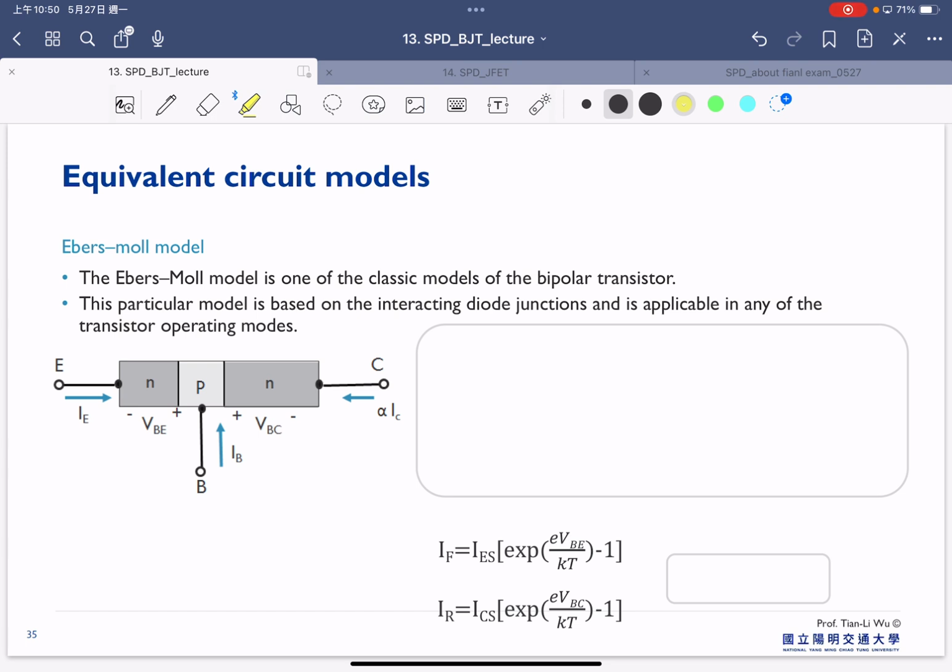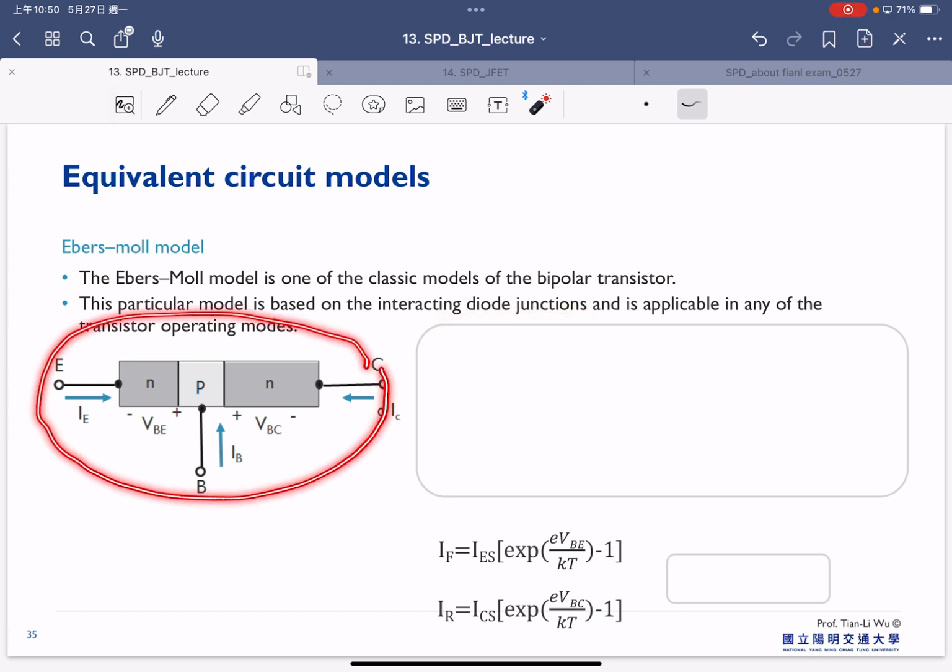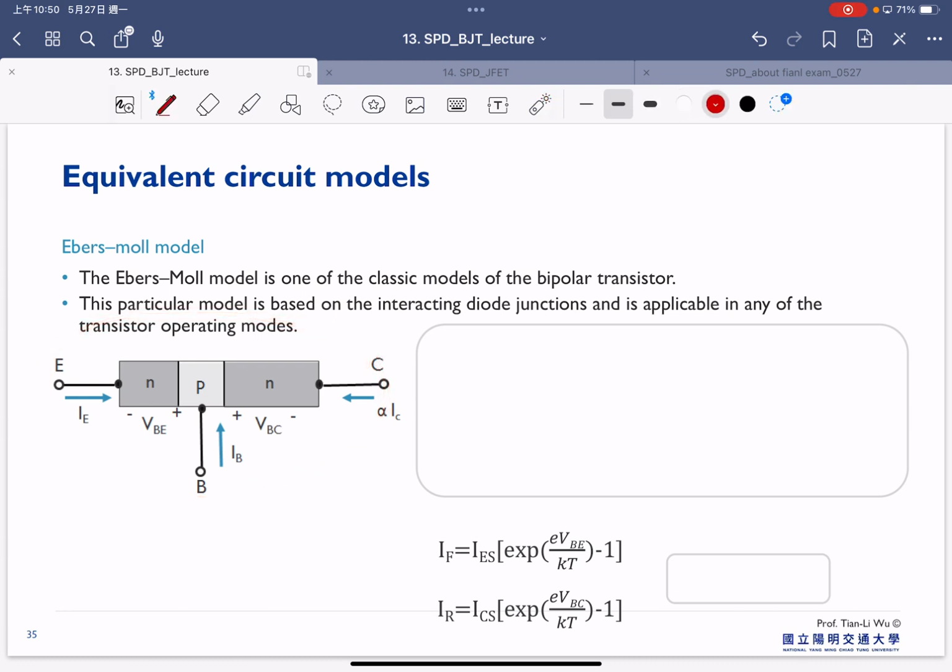So basically this is one of the classical models for the BJT, the bipolar transistor, and it just considers different diode junctions connected together. So if we have this schematic for the BJT here, we can consider the circuit model in this way.